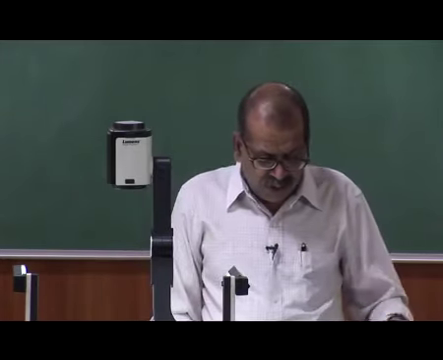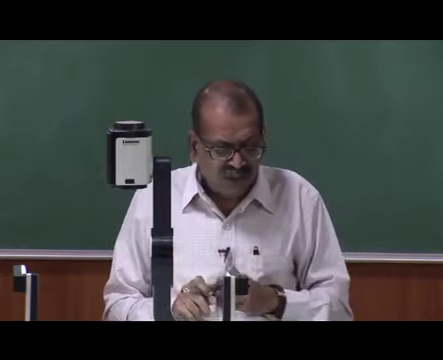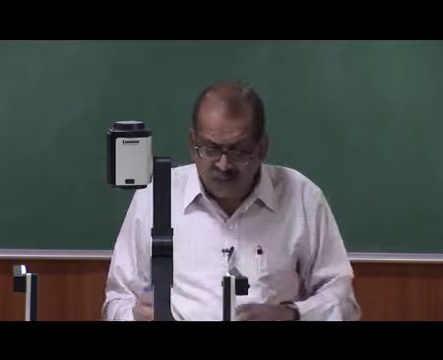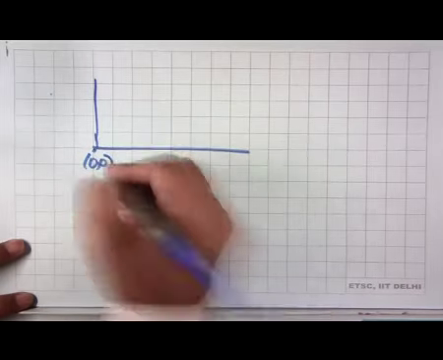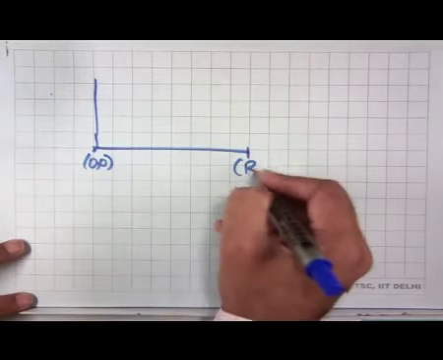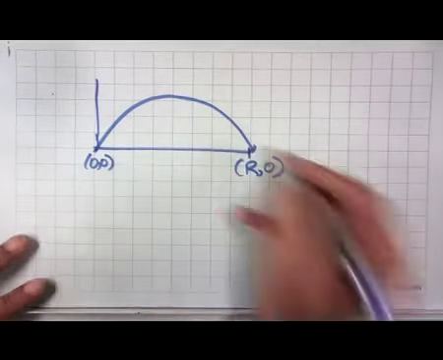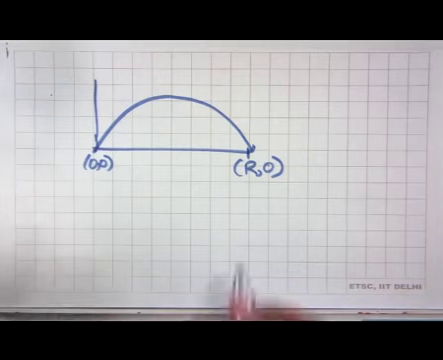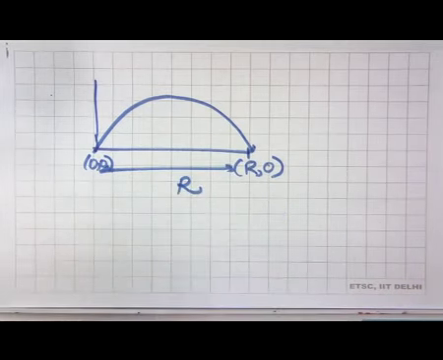Now, I would like to emphasize that the formulas which we have derived, we are assuming when we talk of range that we have started from the origin and we want to find the position when the particle comes back to the same level, and for that we have worked out a formula for the range. But we could have different initial conditions.